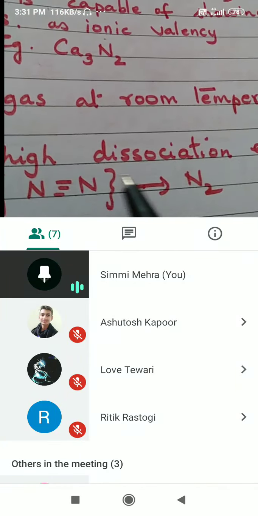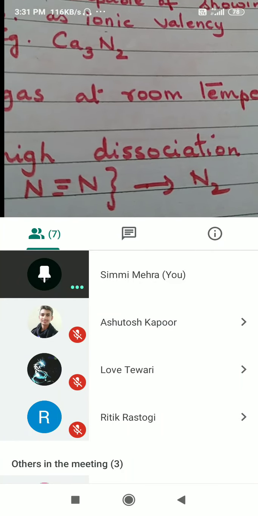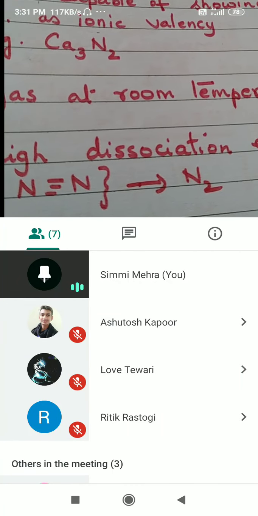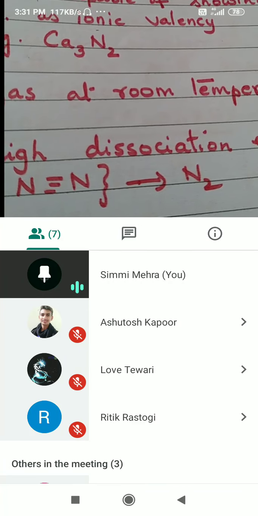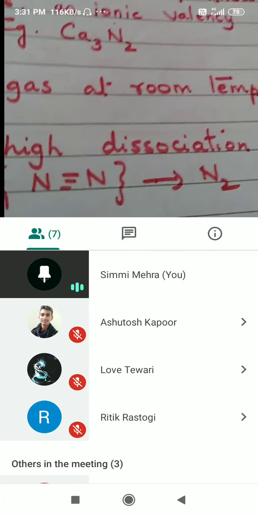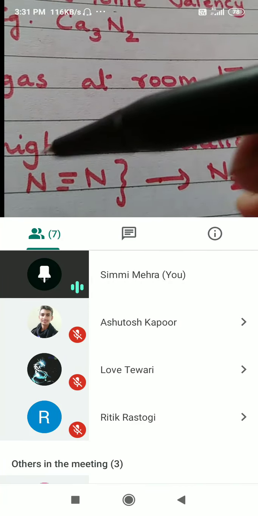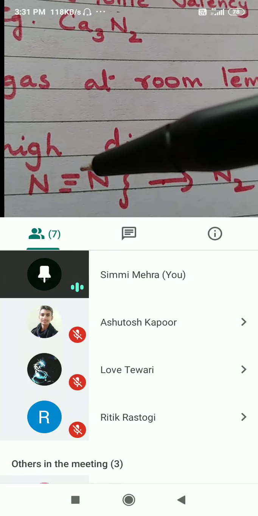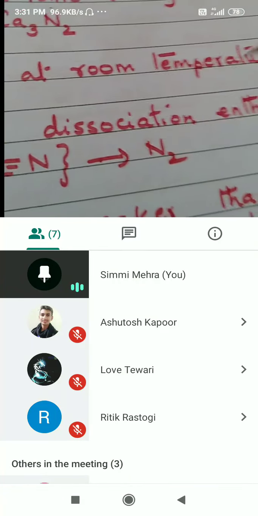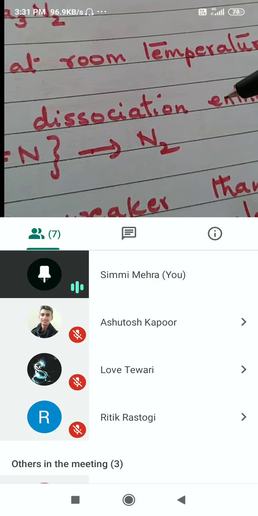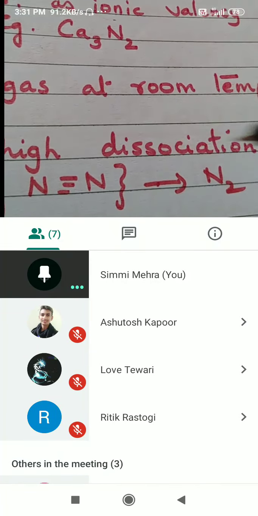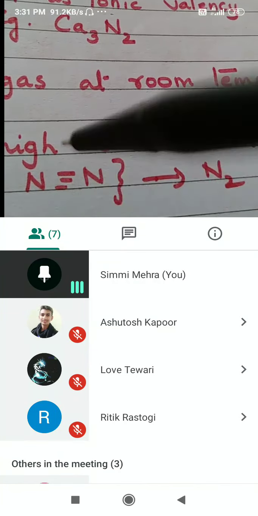Now this is technical language which I have used. In simple words you can say the two atoms of nitrogen are bonded by a triple bond, and to break the triple bond a lot of energy is required. That is why high dissociation enthalpy; energy required to dissociate the molecule is very high.